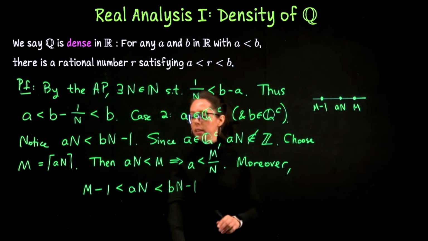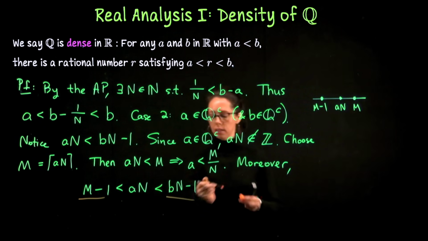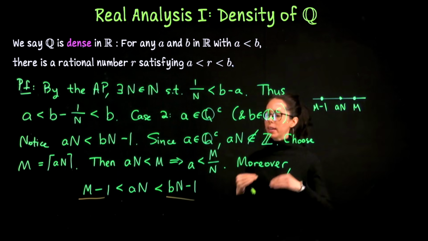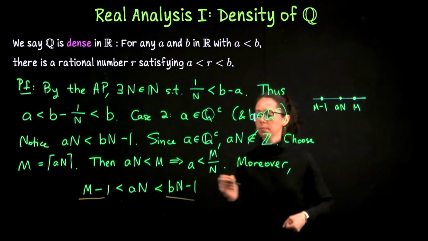So just comparing the left side and the right side and adding 1 to both of them, we get that m is less than B times N. Let me write that here.